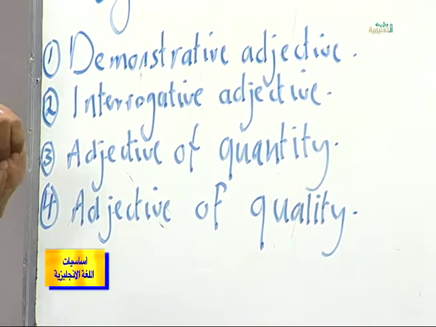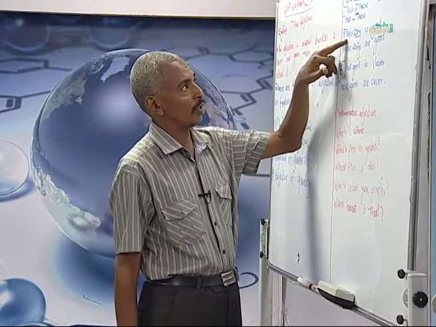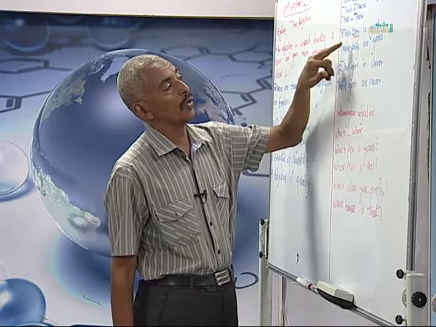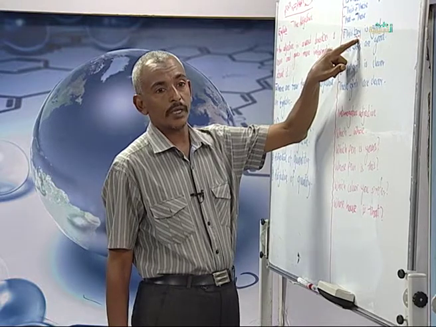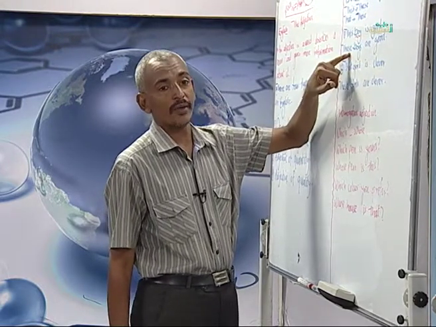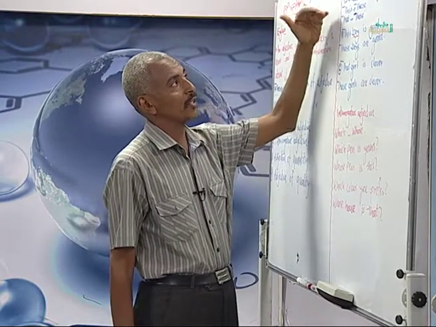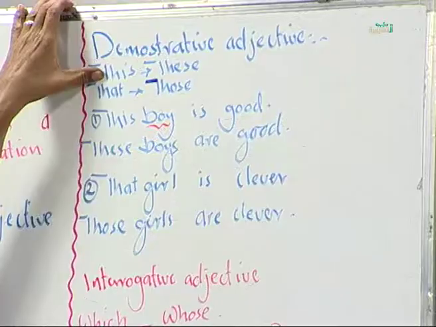Demonstrative adjective. The most important thing that you have to put in your mind here is that the adjective has to follow the noun which is described, in singular or in plural. For demonstrative adjective, we have this for singular.